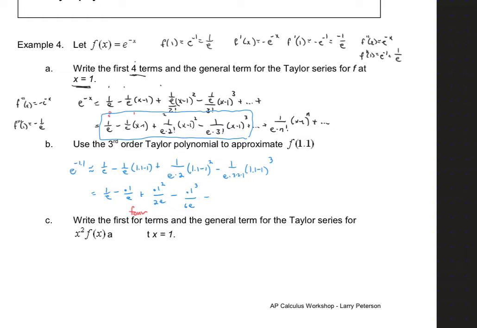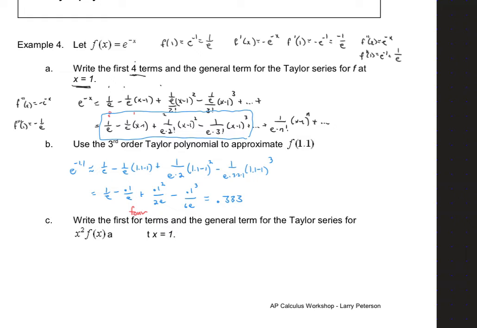And I would go to your calculator with that. And when I did that, what did I get? I got about 0.333 to 3 decimal places. So that was like 0.332871108 and so on.